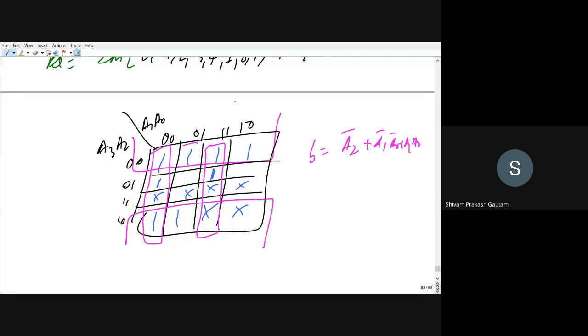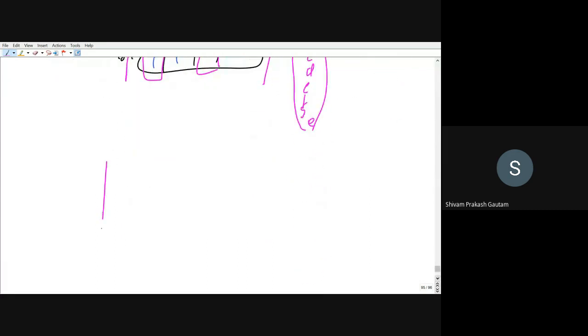So similarly, you can get the combination for A, B, C, D, E, F, G. All the combinations you can get from the K-map. And once you get the combinations, you can make a simple block diagram where you pass A0, A1, A2, and A3.